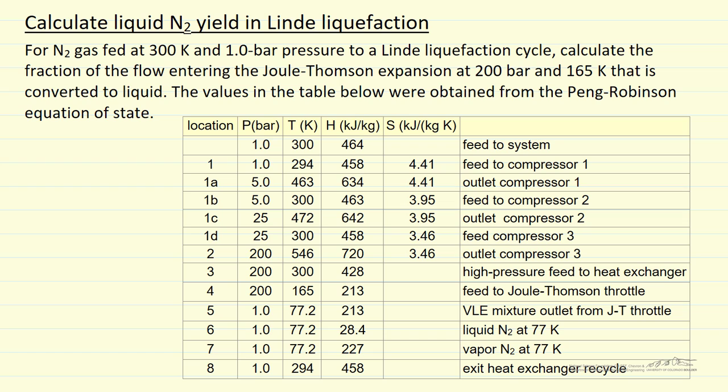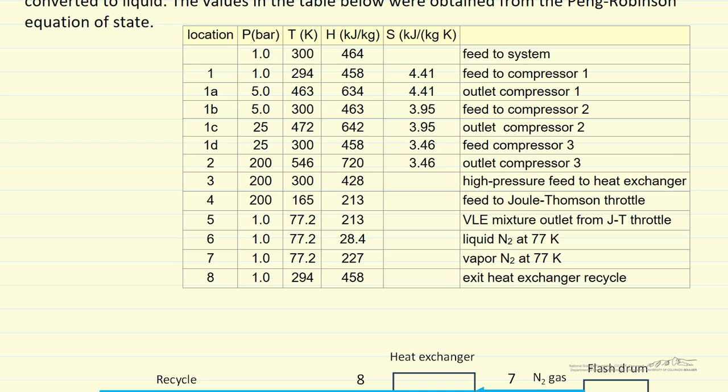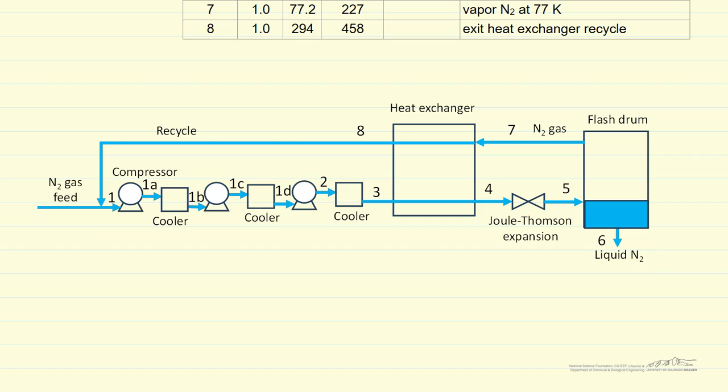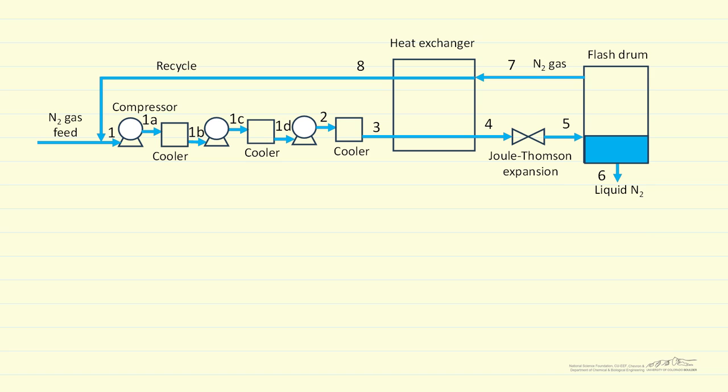The values in this table are from a Peng-Robinson equation of state spreadsheet, and we'll use these values in the calculations. So if we look at the cycle, the first thing we're going to do to get these numbers is assume the heat exchanger is such that we can get the temperature here, T4, of 165 Kelvin.